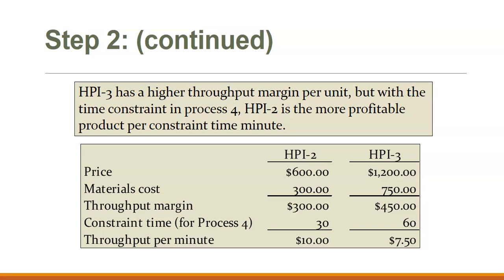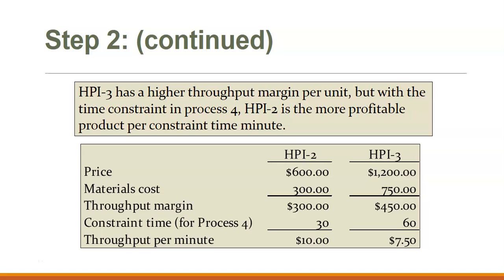So it takes 30 minutes for the HP12 and 60 minutes for the HP13. So our throughput per minute is $10 for HP12 and $7.50 for HP13. So the HP12 is the more profitable product per constraint time minute.